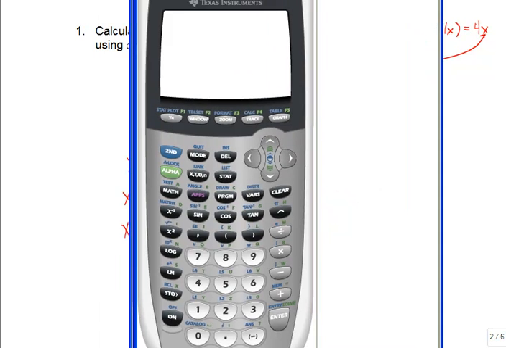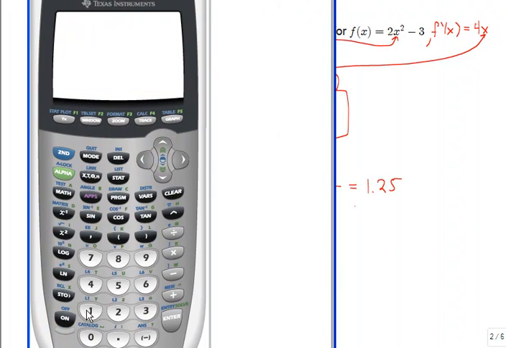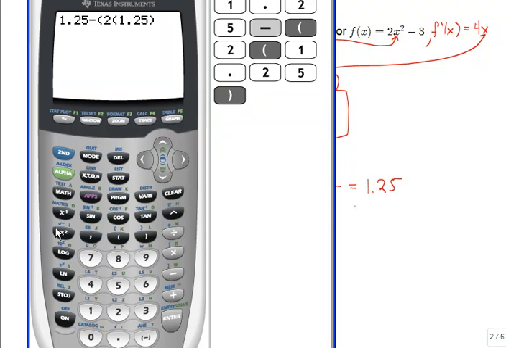So what I want to be typing in here is 1.25 minus parentheses 2 times, or 2 parentheses, 1.25 squared minus 3.